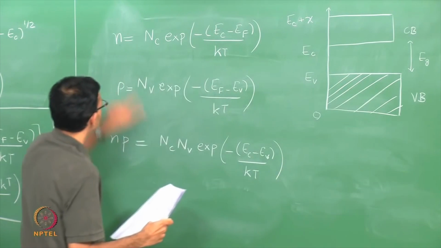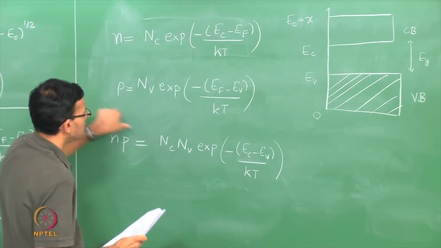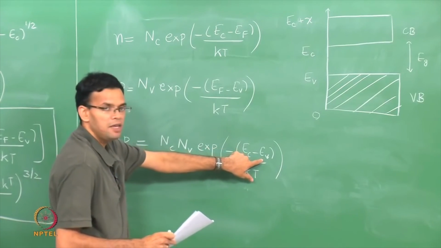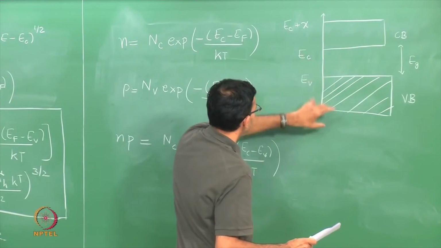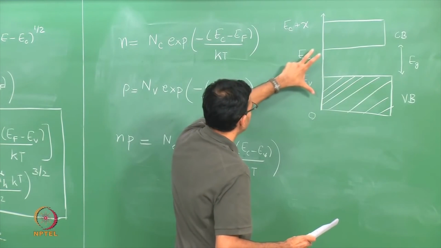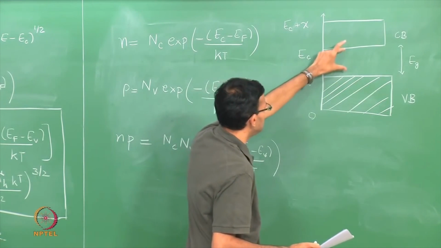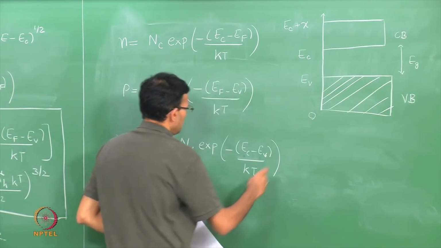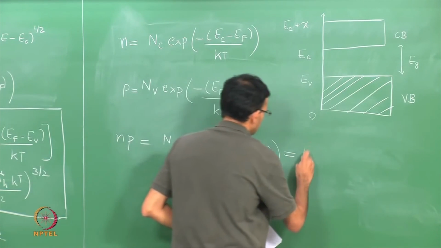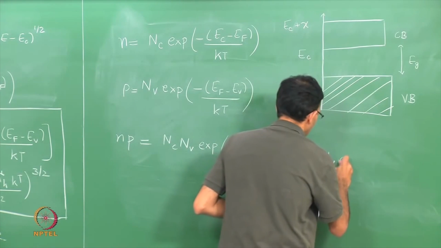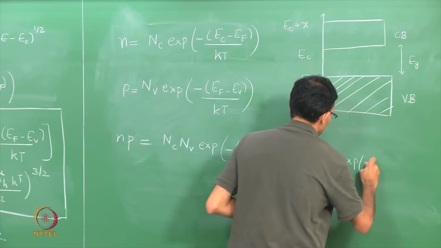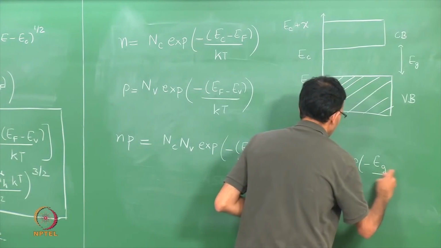All I have done is multiply these two together. Ec minus Ev, if you see from this band diagram, this whole thing is Ec, this is Ev. So, Ec minus Ev is nothing but the band gap. So, I can replace this with Nc Nv exponential minus Eg over kT.